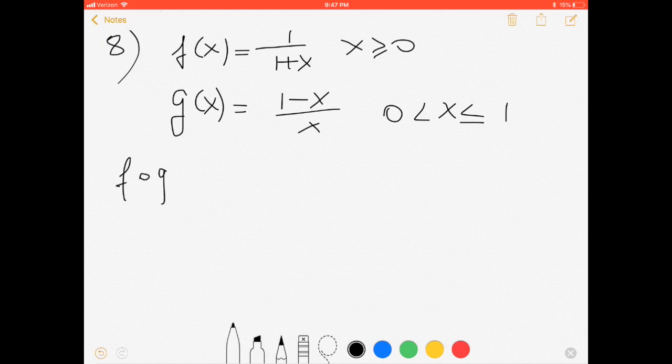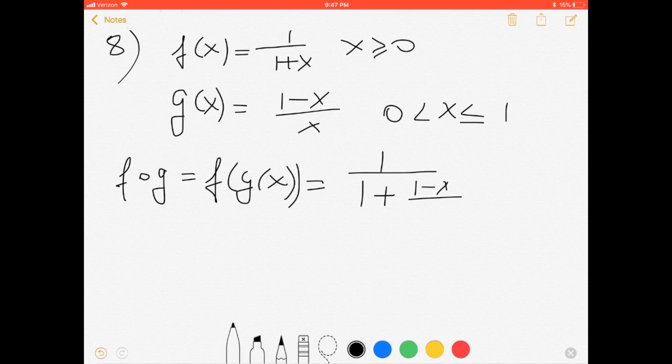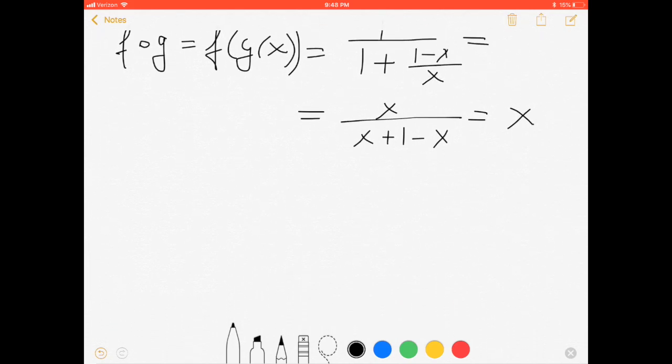Okay, f composite g will be f of g(x). Here it will be 1 over 1 plus (1 minus x) over x. Simplify, and we have exactly x. Because composition is not a commutative operation, we need to check g composite f.